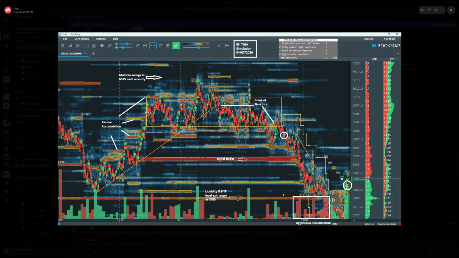Well, you just took a full stop. But at least if you entered where you have your white line, 6607, if you had entered at 6607, to the left, Bruce, to the left right there, then at least you can probably get a scale down at the bottom of that structure, 6,600. And then it went against you and then you took a stop. Well, at least you took off some risk.